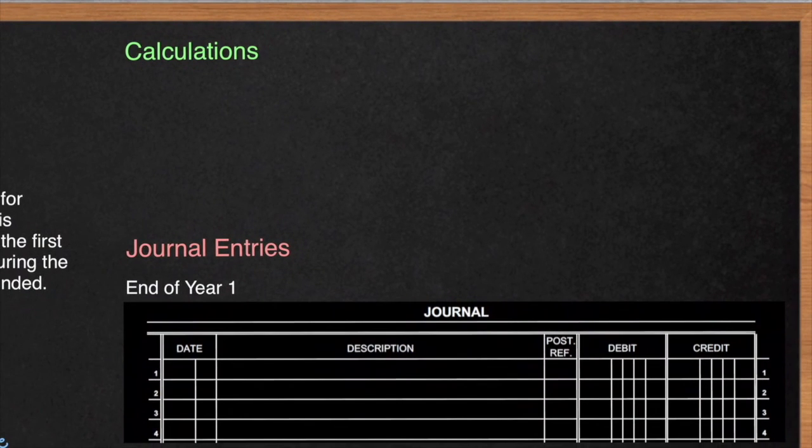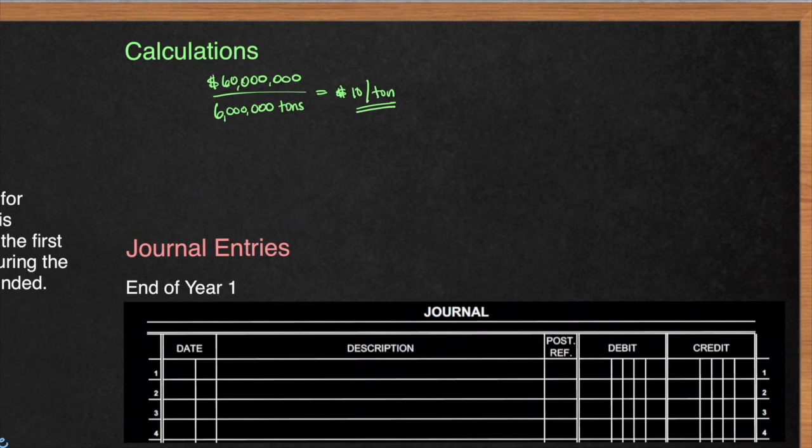All right, our calculations. We're going to take our cost, and the cost for the diamond mine is $60 million, and you're going to divide it by the estimated total amount of the diamonds, which is 6 million tons. This will give you a rate of $10 per ton.